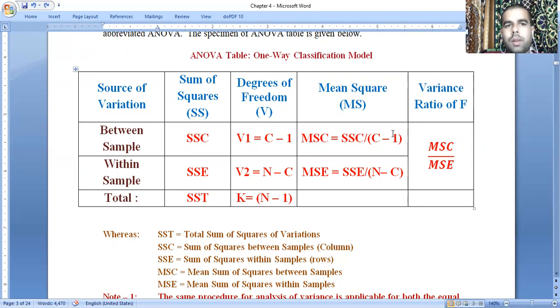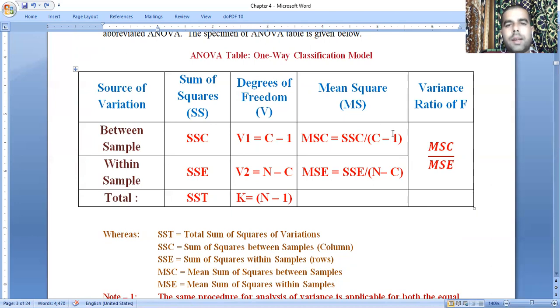You observe carefully. ANOVA table, one-way classification model: sources of variation, sum of squares, degrees of freedom, mean squares, variance ratio of F. Again I am repeating: between samples, within samples.